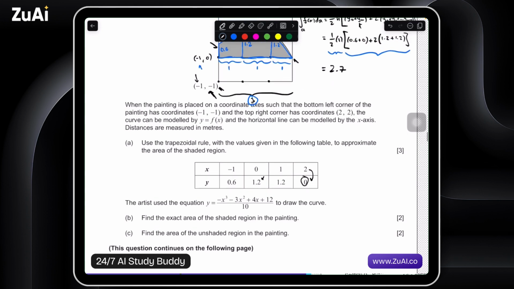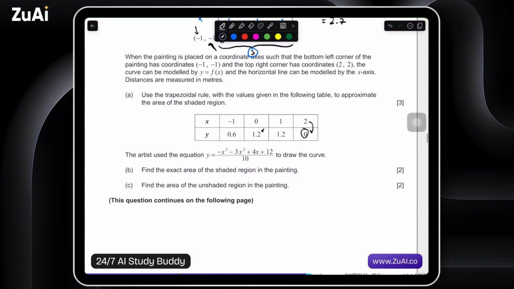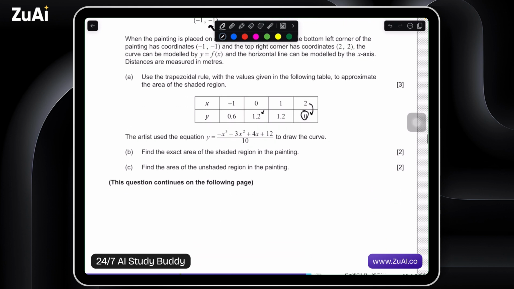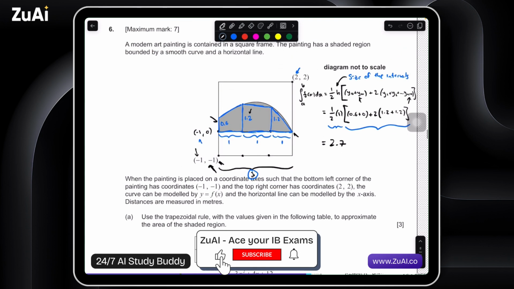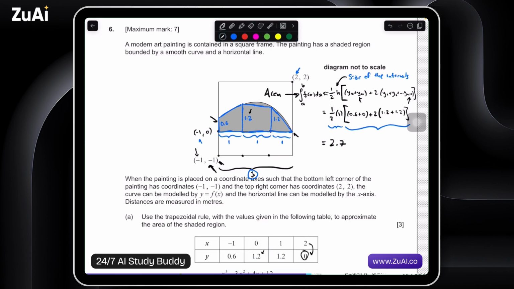So remember, for the shaded region under a curve, we can use our integral. This trapezoid rule right here gave us an estimate for the area under the curve. This is an approximation.